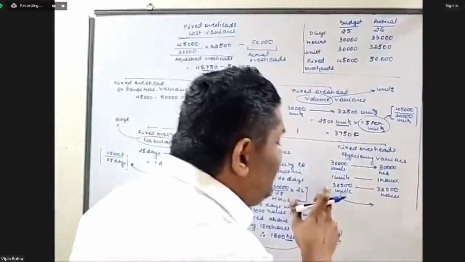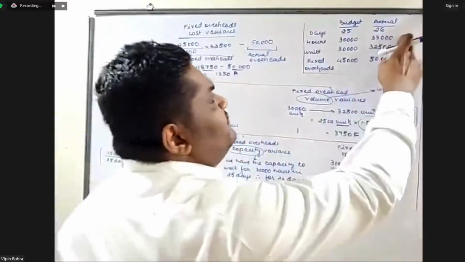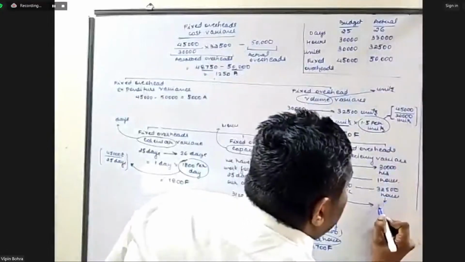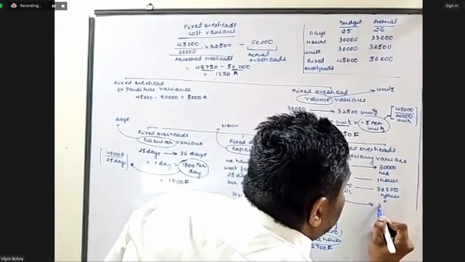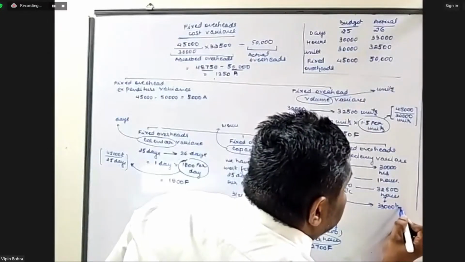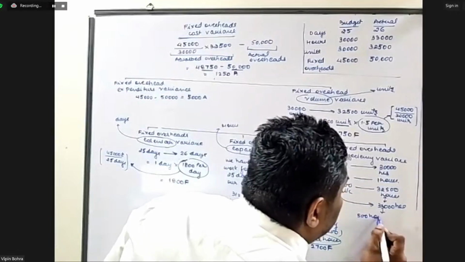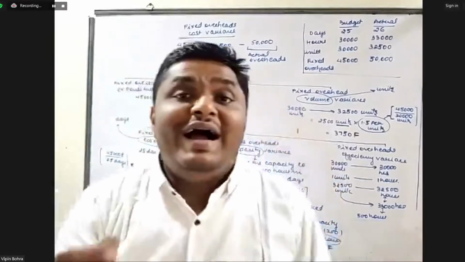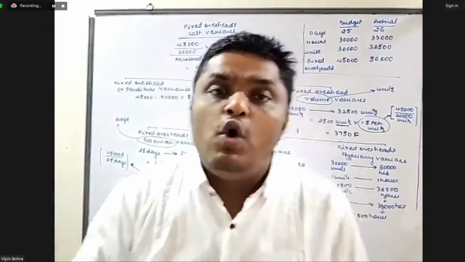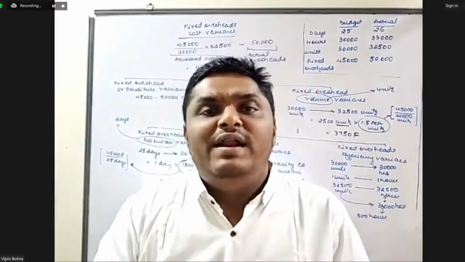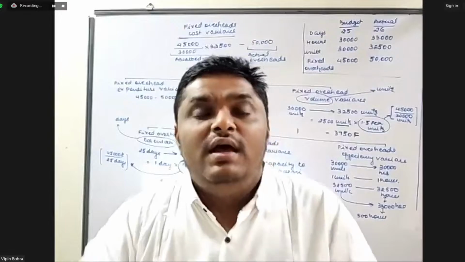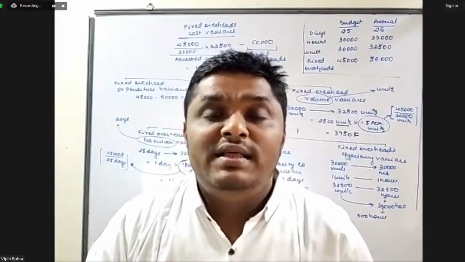But to manufacture these 32,500 units, we actually consumed 33,000 hours. That is 500 hours is what? 500 hours is my inefficiency. जो काम 32,500 hours में complete करना चाहिए था, it was completed in 33,000 hours.